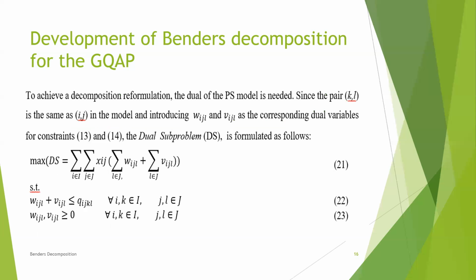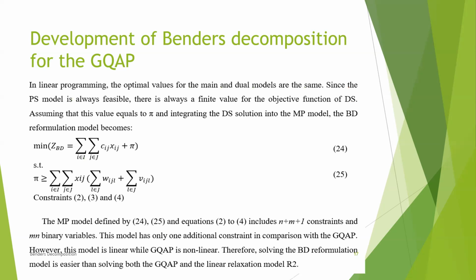And based on this dual of the primary subproblem, we can define an optimality and feasibility cut, where we can consider the term of 25 as an optimality cut.